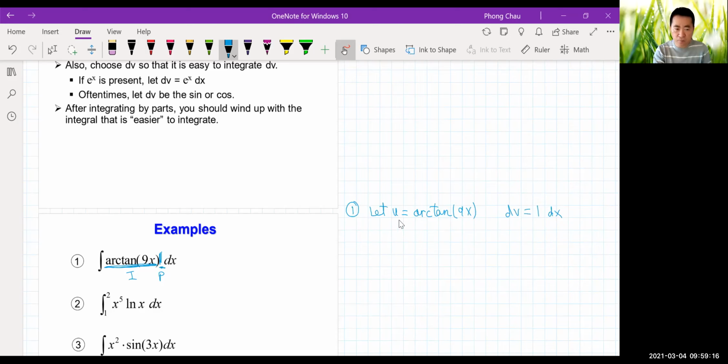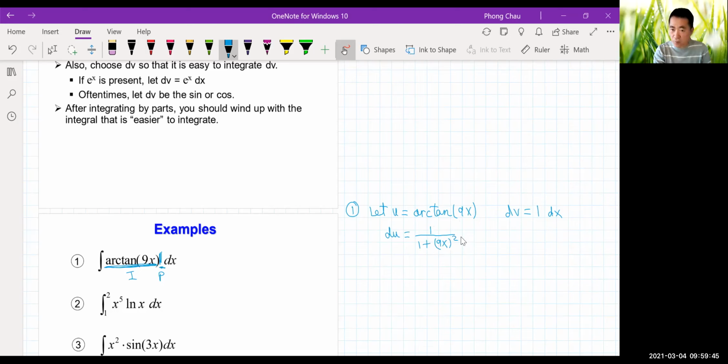When you have u, you need to find du. What's the derivative of arctangent? That's something you might want to review. The derivative of arctangent is 1 over 1 plus 9x squared, that is, 1 over 1 plus the inner function squared.